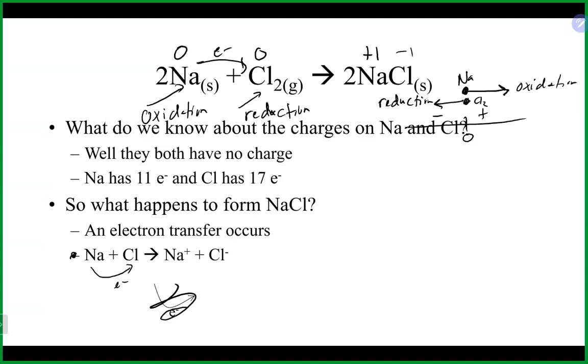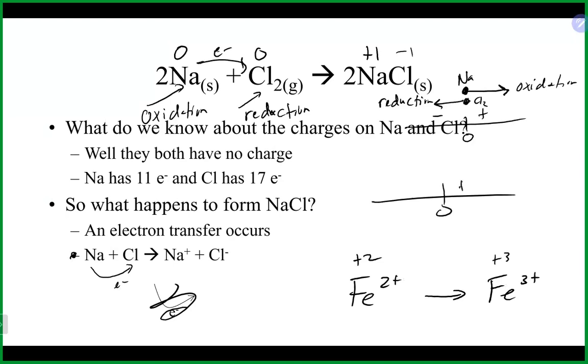So for example, if I had iron 2 going to iron 3 in this case, the iron on the left-hand side has a +2 charge. Iron on the right-hand side has a +3 charge. And if I just simply put my little number line together, it is starting here at +2 and ending at +3, which means it is moving in that direction. And that means that this guy is actually going through oxidation in this particular case.